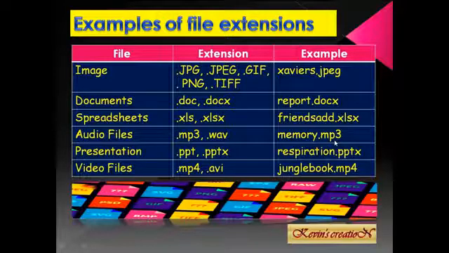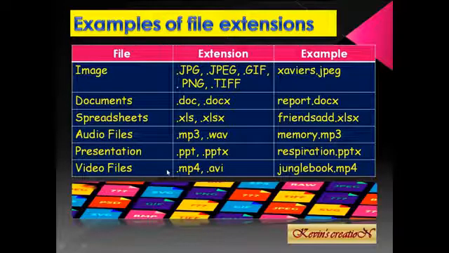The moment you see a file name has got the extension .mp3, you come to know this is an audio file. .ppt is for presentation, or pptx. Respiration.pptx, any PowerPoint presentation you have made is saved with ppt or pptx. So you know that it is a presentation file.